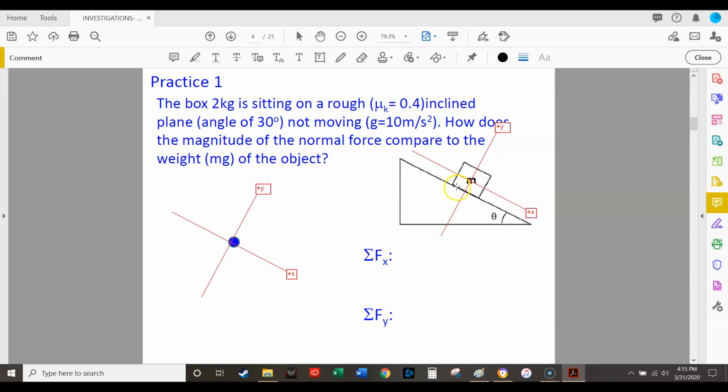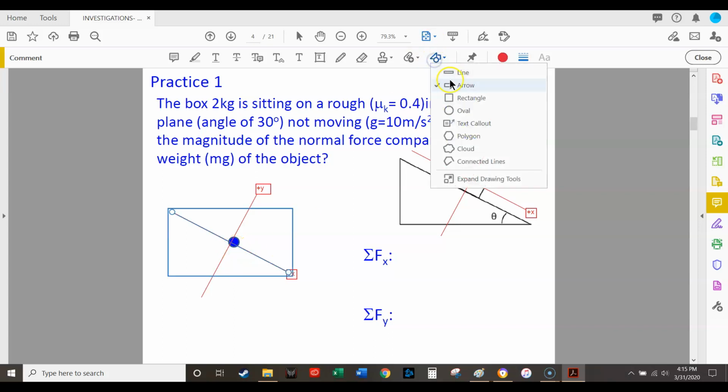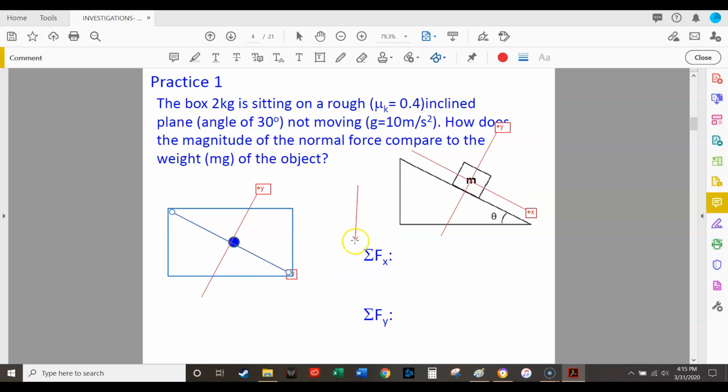All right, let's go ahead and draw our forces. What is physically touching and interacting? What forces are interacting with the block? And what objects are physically touching the block? Well, the Earth is going to be pulling down on the block, so it's going to have a weight vector. I'm going to go ahead and draw that. Weight vector down.